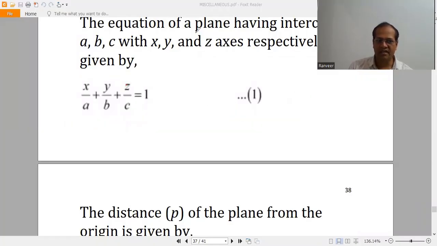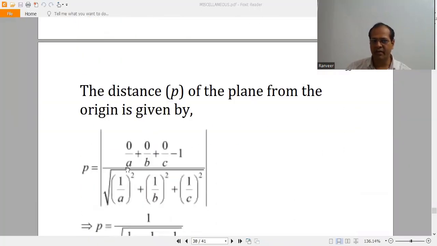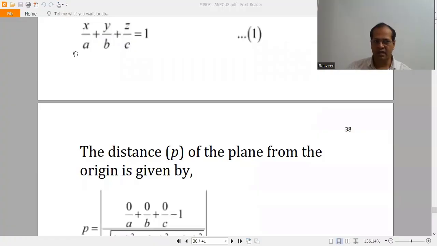Now the distance p of the plane from the origin is given by the point 0, 0, 0 and the plane x by a plus y by b plus z by c.